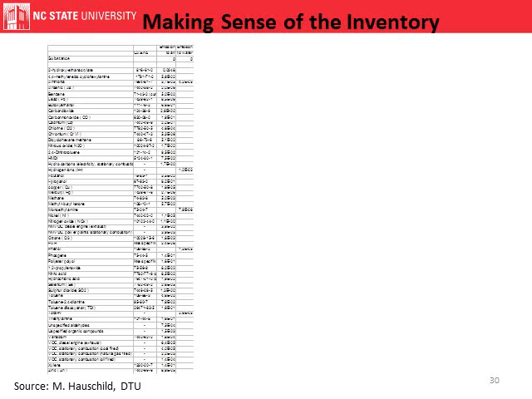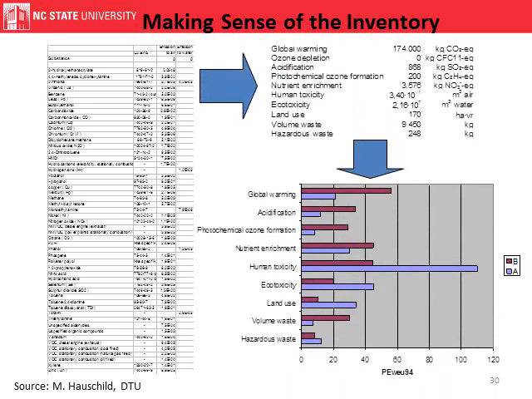So we start out with an inventory like this that shows a great number of emissions to the environment, and the whole point of impact assessment is to try to make sense of that long list of emissions or exchanges to the environment so we can aid interpretation and determine which one of these is preferable.